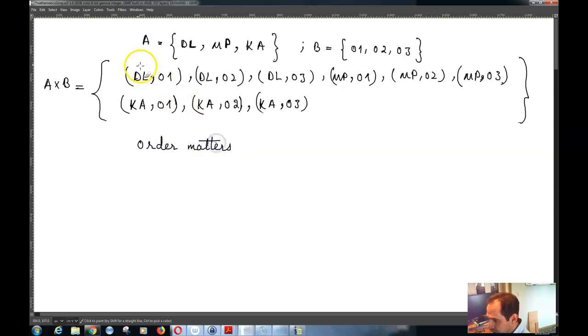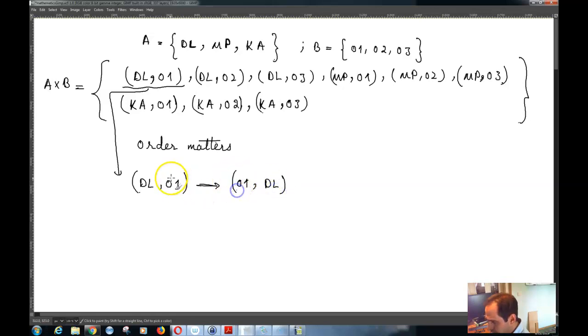because, for example, suppose that for this pair over here you have DL01. So DL01 is of course different from 01DL.